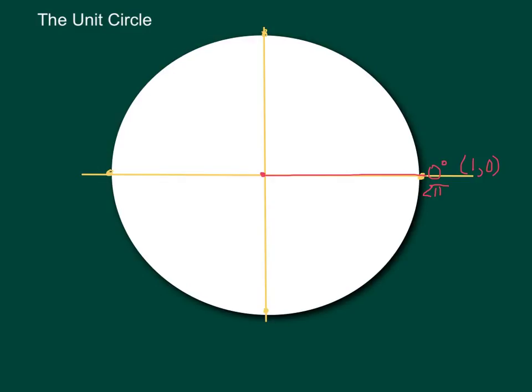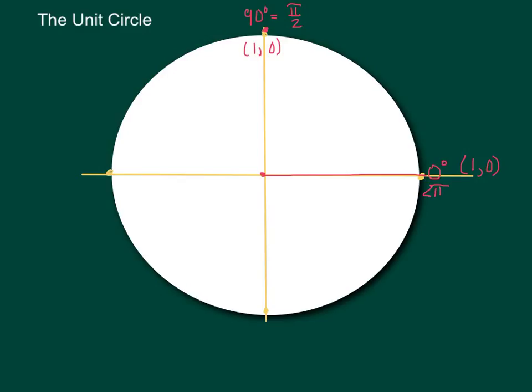If you move 90 degrees around the circle, you would get to this point, which is 90 degrees, which is the same thing as 1 pi over 2. So that's like a quarter of the circle.